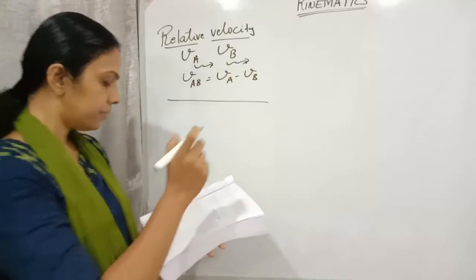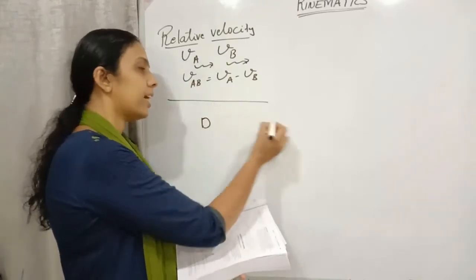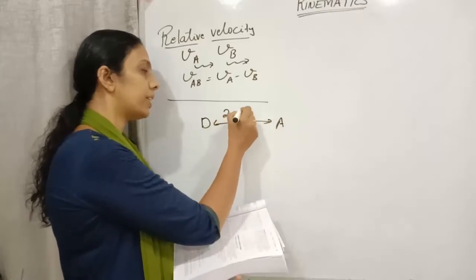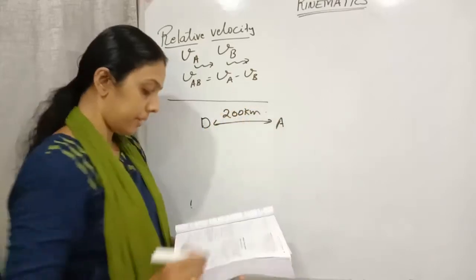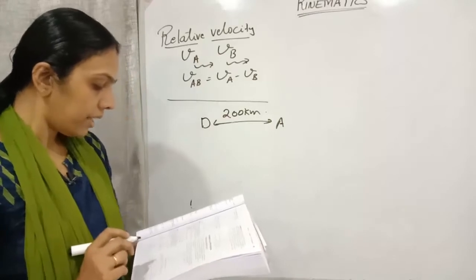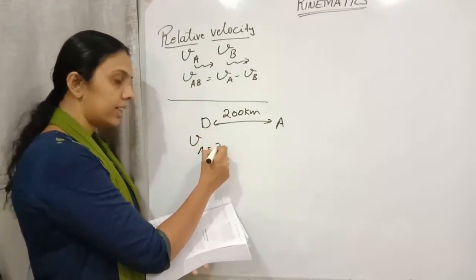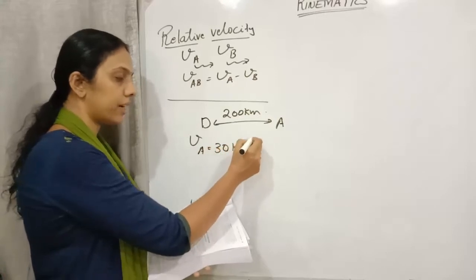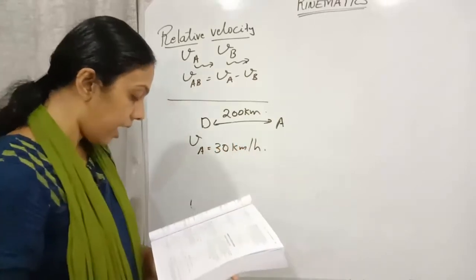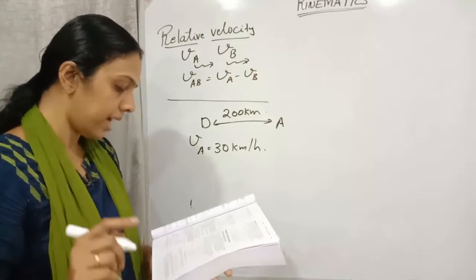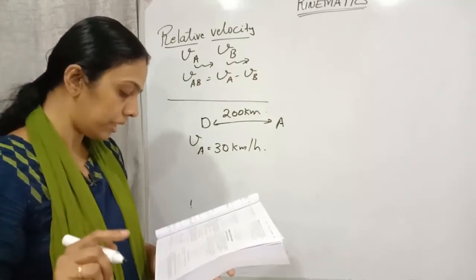See here, Delhi and Ambala are at a distance of 200 km apart. Car A sets out from Ambala, VA is 30 km per hour, and car B sets out at the same time from Delhi at a speed of 20 km per hour.